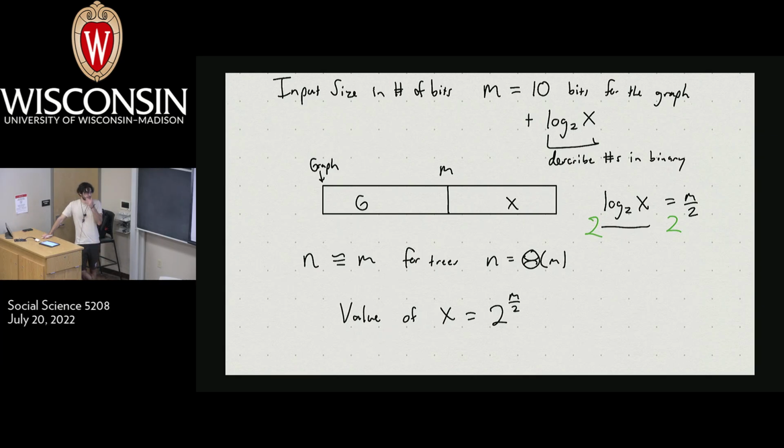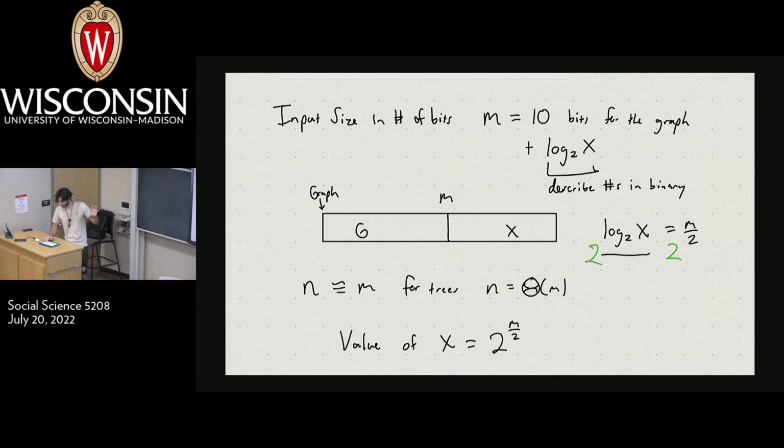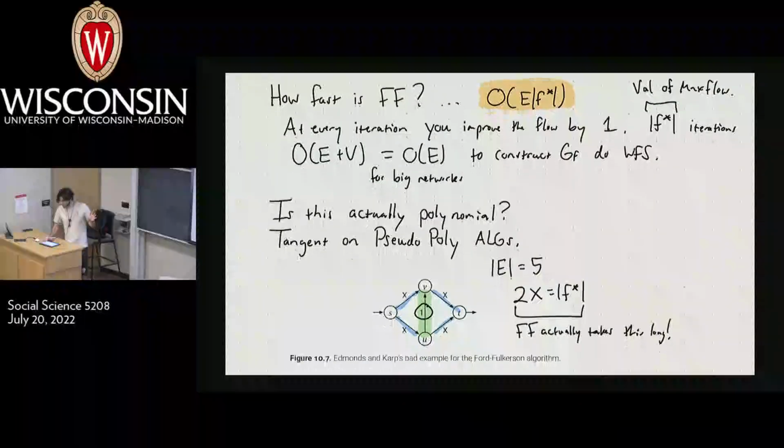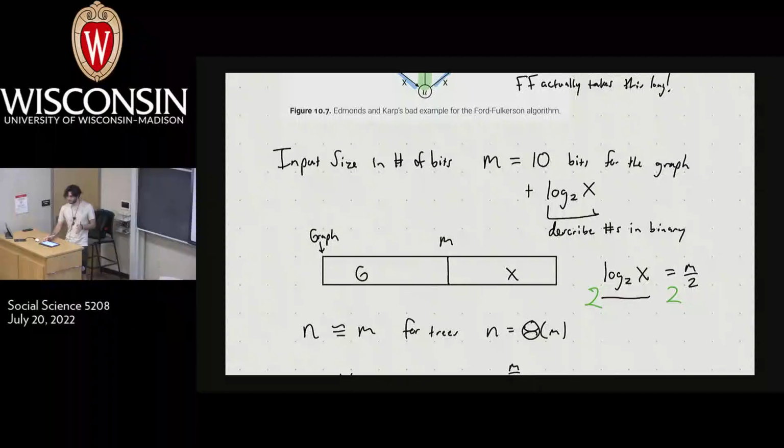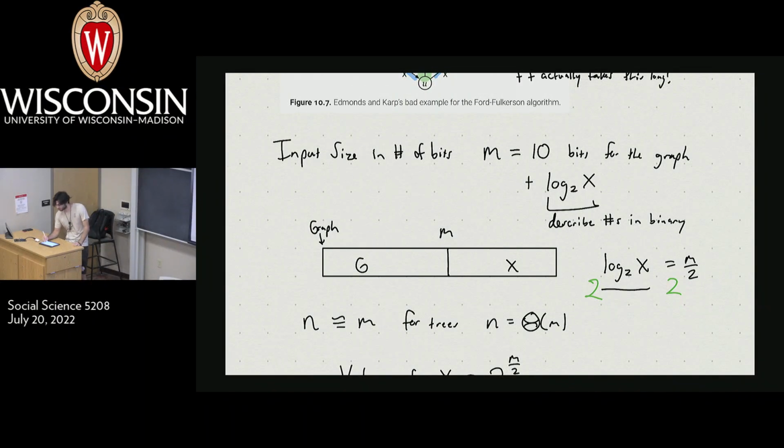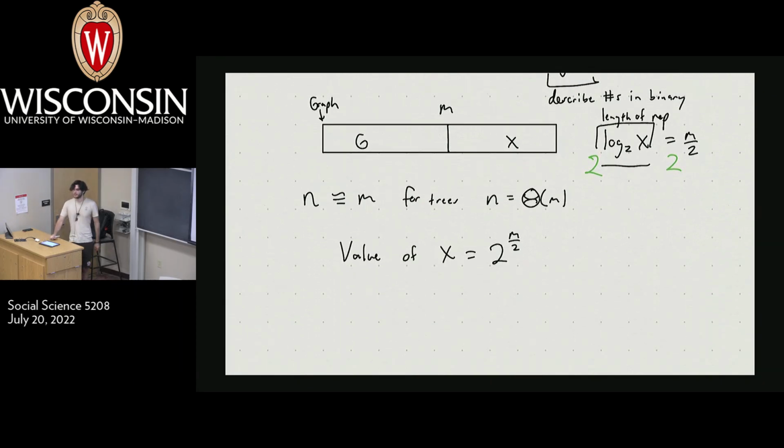And this is the point. Whenever you have an integer valued thing in your problem, or any real number, doesn't matter, if your running time depends on the value of the number instead of the length of the representation of the number, which is the log part, this is the length of the representation, then your algorithm's actually exponential time.